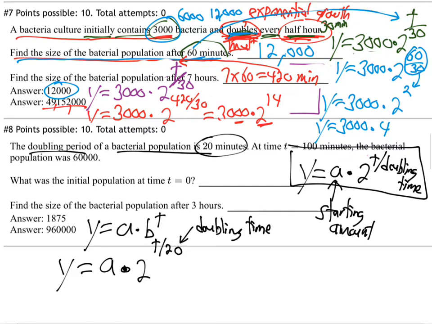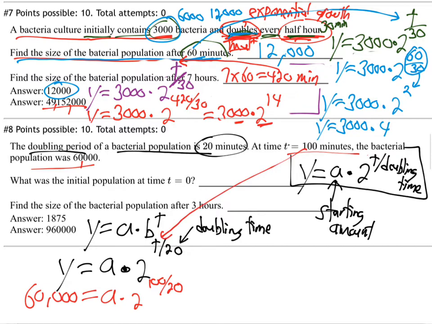And then they tell us also that at 100 minutes, the population was 60,000. So the population, 60,000 at time 100. See what I did there? I plugged in 100 for t and 60,000 for y.